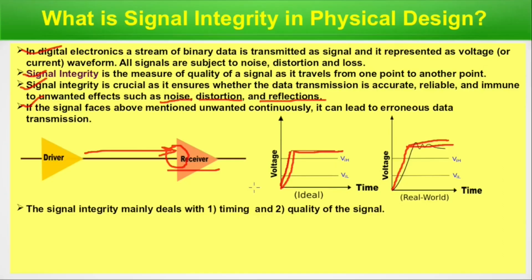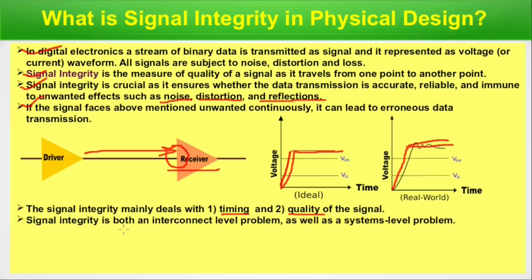Signal integrity mainly deals with timing and quality of the signal. Whatever circuits and modules we design, timing closure is there because we deal with sequential components in the circuit. Their performance is time dependent, depends on the clock. If the signal gets delayed, a timing violation occurs, and the quality of the signal, the magnitude of the voltage, can differ from what is expected.